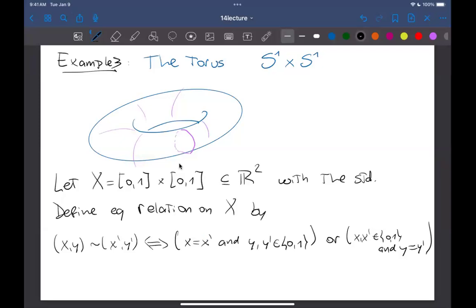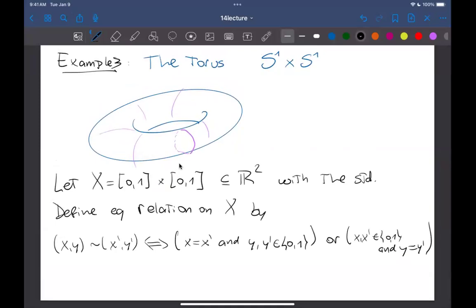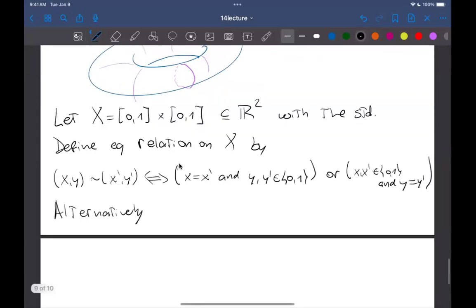That's the formal definition, but that's not how I think about it. Usually you can think about this in two different ways. Alternatively, what you can say is you're identifying (x, 0) with (x, 1), and this is for every x.